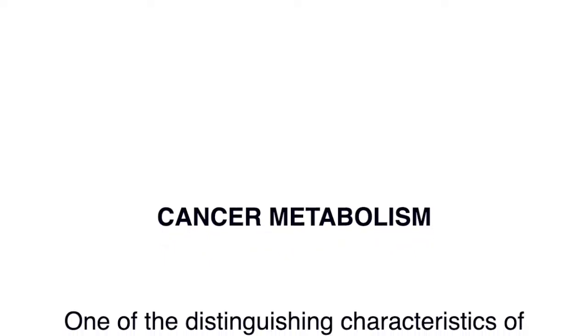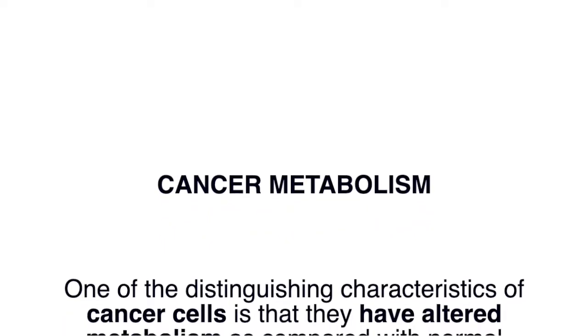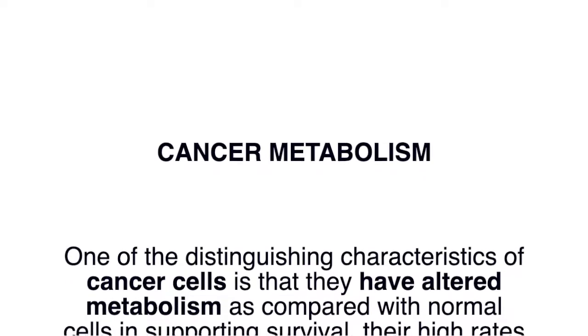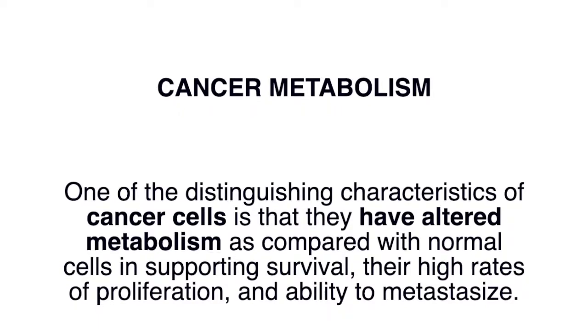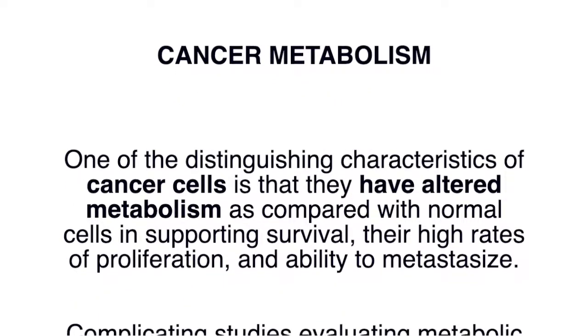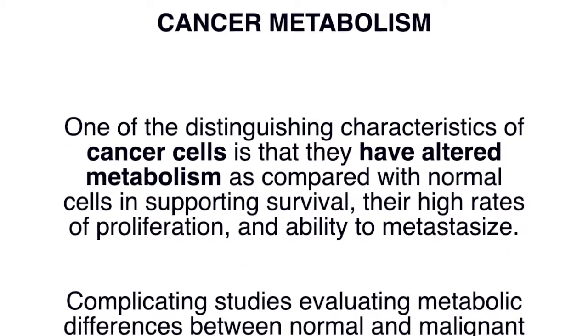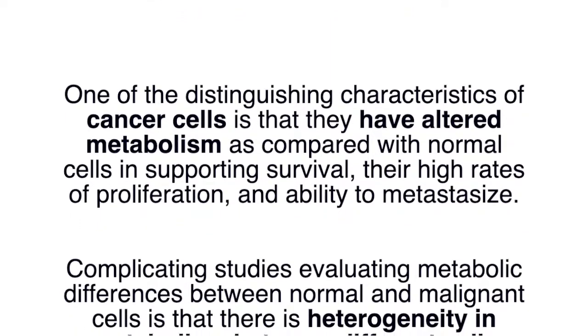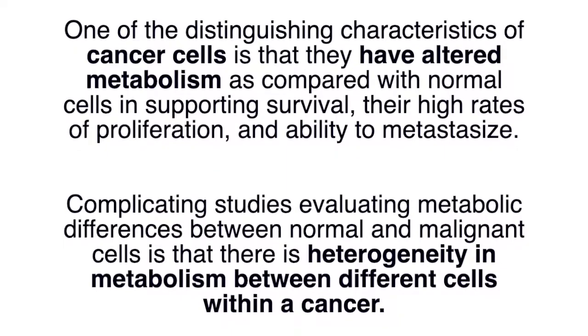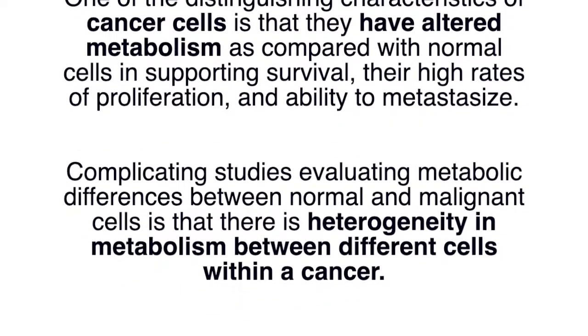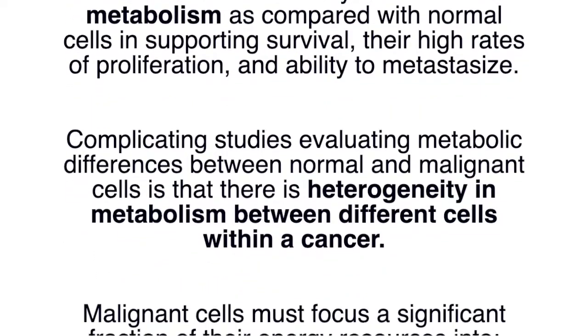Cancer metabolism. One of the distinguishing characteristics of cancer cells is that they have altered metabolism as compared with normal cells in supporting survival, their high rates of proliferation, and ability to metastasize. Complicating studies evaluating metabolic differences between normal and malignant cells is that there is heterogeneity in metabolism between different cells within a cancer.